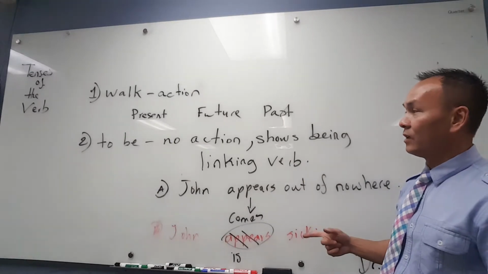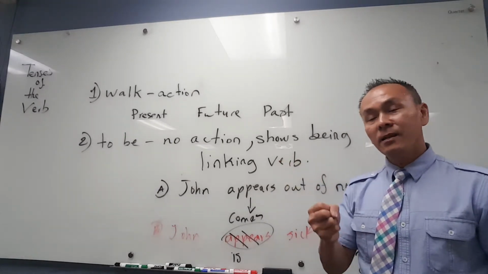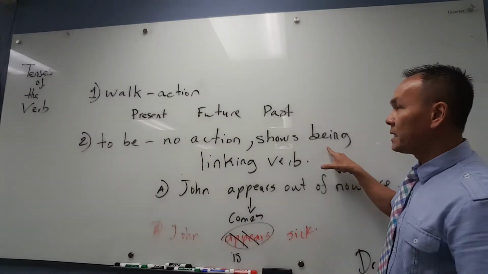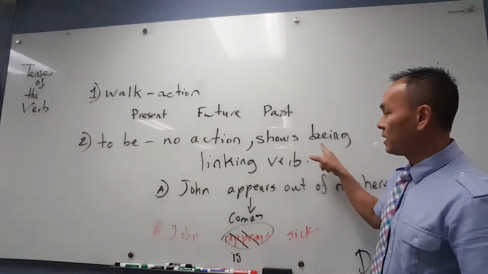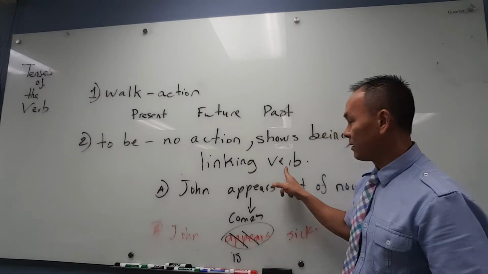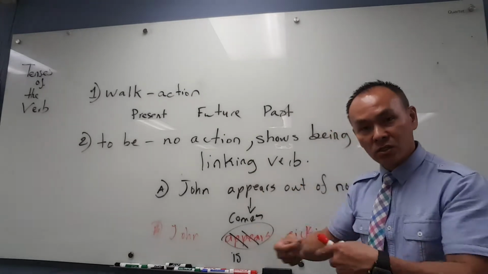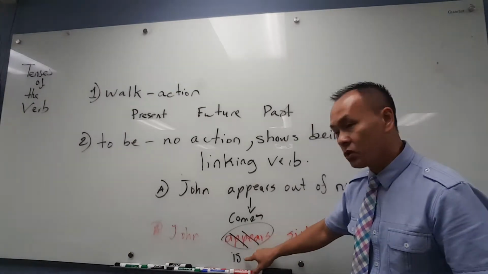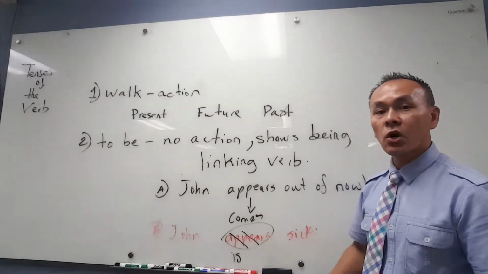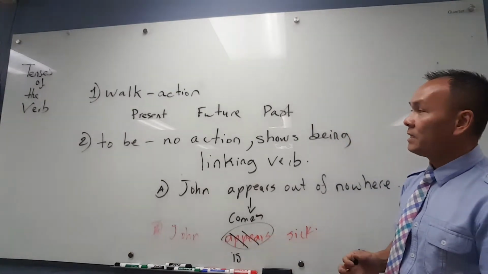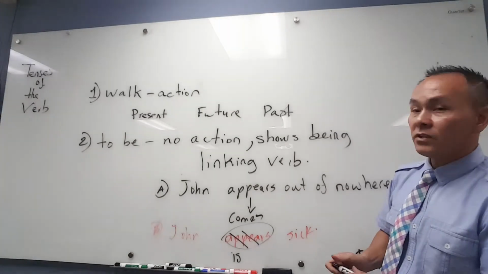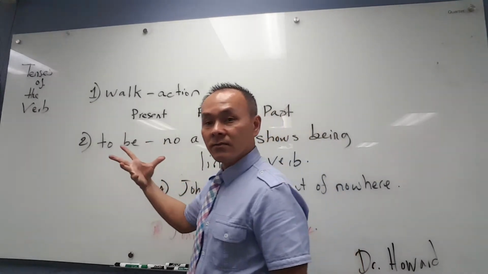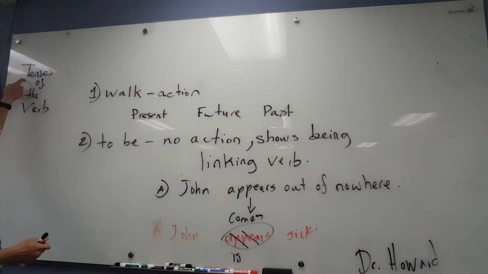Okay, that's the difference. So verbs can be action or show being. When it shows being, we call it linking verb because you can change the verb to be. If you can change the verb to be, then it's called linking verb. So it doesn't matter if the verb is linking or action, the verb has different tenses.